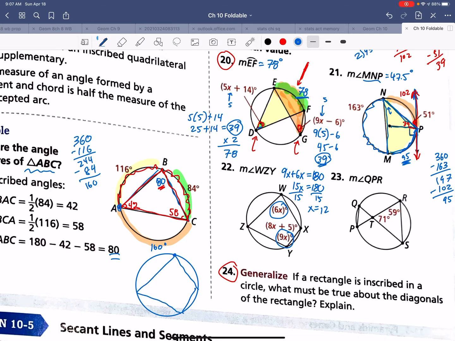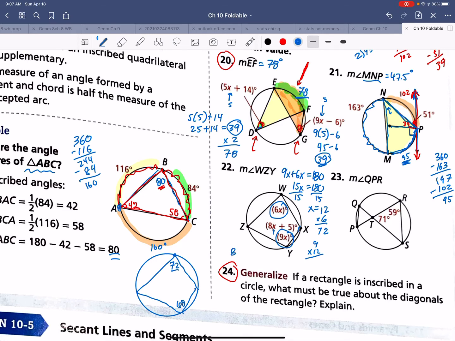All right, so if x is 12, 6 times 12 is 72. So this is 72. 9 times 12 is 108. Yeah, and those add up to 180. So x would still be 12.